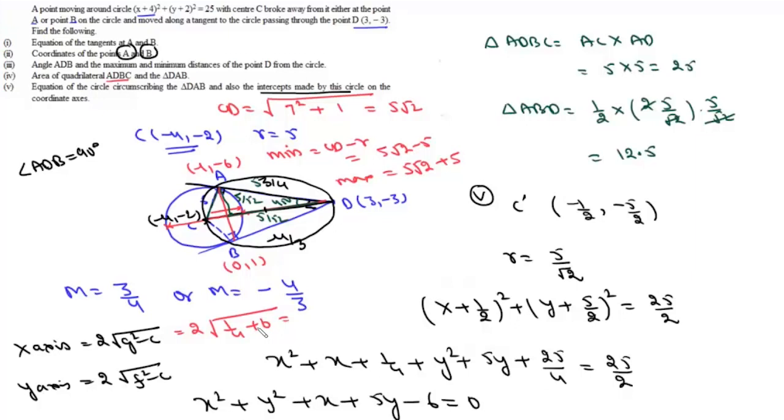Now this is 25 by 4, so it will be simply 5. So value of x-axis intercept is 5, and value of y-axis intercept will be 2 into under root of, now f is 5 by 2, so there will be 25 by 4 plus 6. Now this is 25 plus 24, 49, 7 by 2, so it is 7. So length of x-axis intercept is 5, and length of y-axis intercept is simply 7.